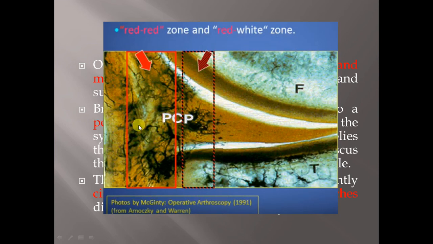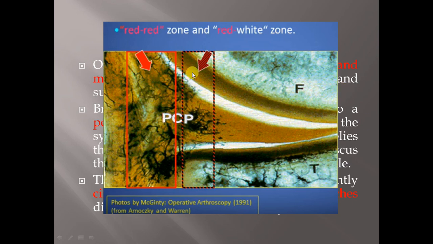The blood supply is from the medial and lateral geniculate arteries, either superior or inferior, forming the perimeniscal plexus. This supplies only the outer third of the menisci, forming the red zone, red-white zone, then white zone.